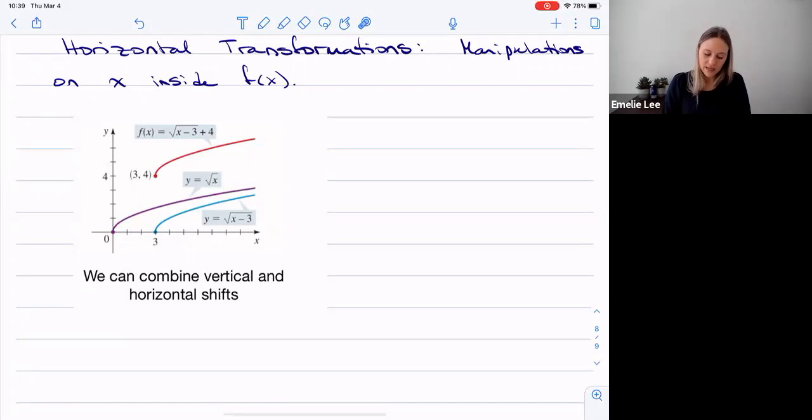Okay. So if we wanted to ultimately graph the root of x minus 3 plus 4, then we need to build it up to that.